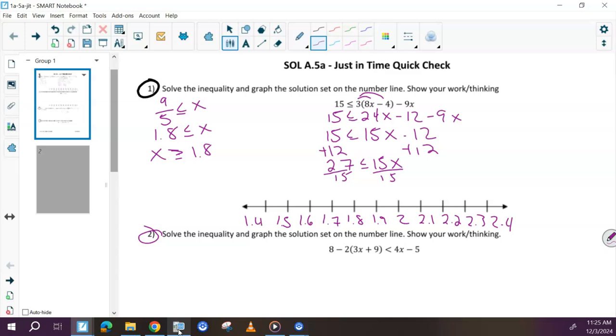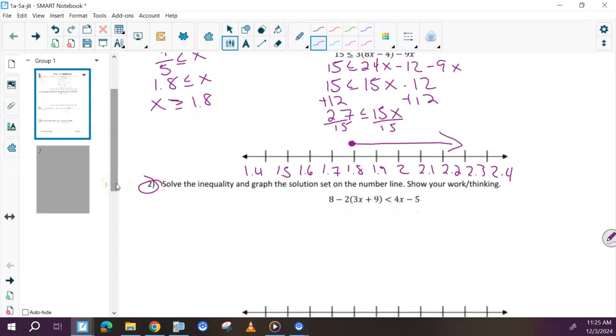Your 1.8 is somewhere on there. That would be a closed circle going to the right. Questions on that one?